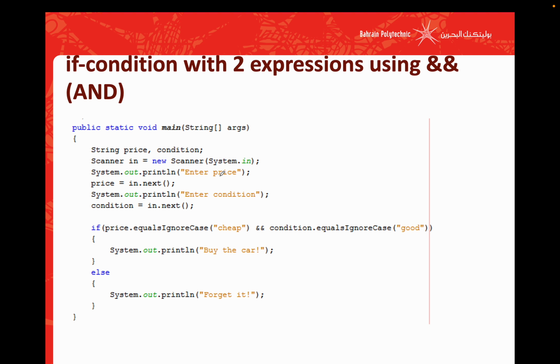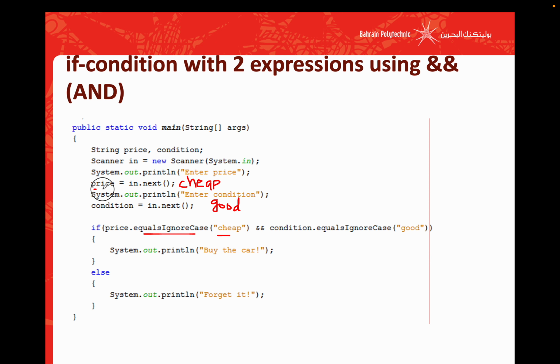It's the same thing. For example, enter price. For price, it should have been a number, but just for you to easily understand this, let's say the price was cheap and the condition was good. So if price equals, ignore case, cheap.